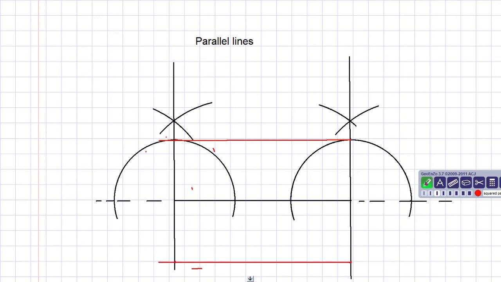Okay, the locus of a point equidistant from a fixed straight line is a parallel line. We can draw parallel lines on either side of the fixed straight line. Now you know how to construct 90 degrees angle, 45 degrees angle, 60, 30, 15, 75, 105, and also the method of drawing perpendicular bisector, parallel lines, angle bisectors, circles.